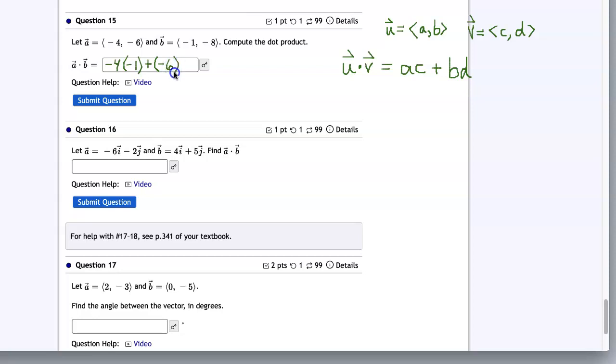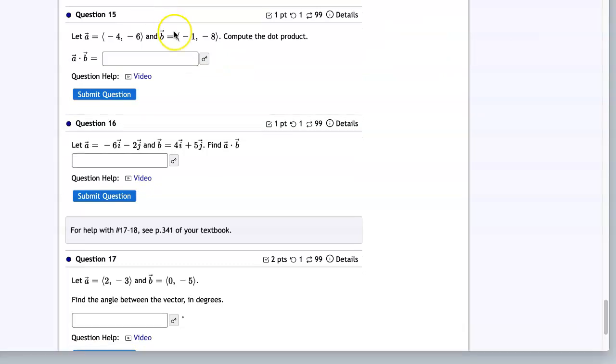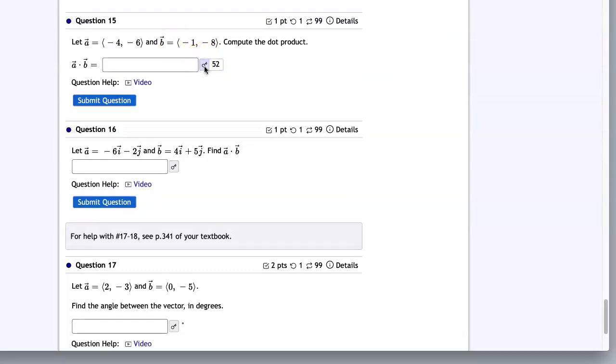You don't have to show this work, but I want to be really clear about how to do this. And we get 4 plus 48, which is 52. Okay, that's supposed to say 52. Hold on. That's better. 52. Ta-da! That's all you need to write down.